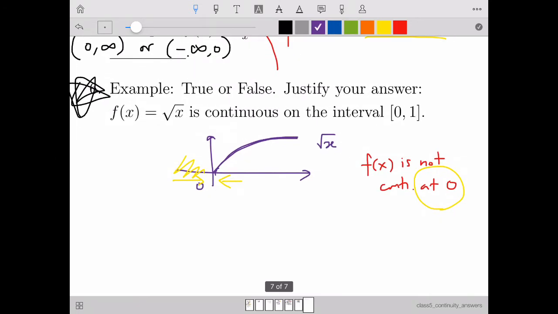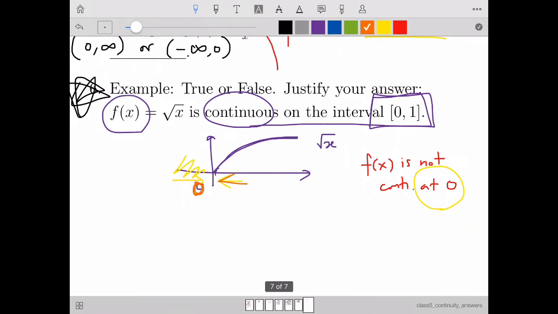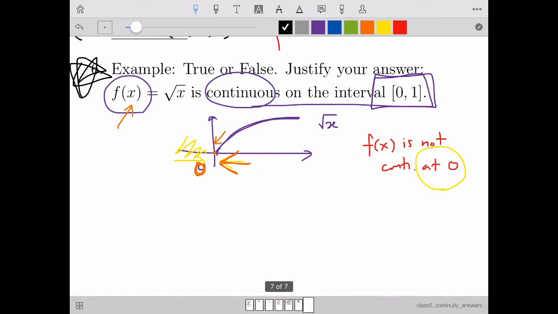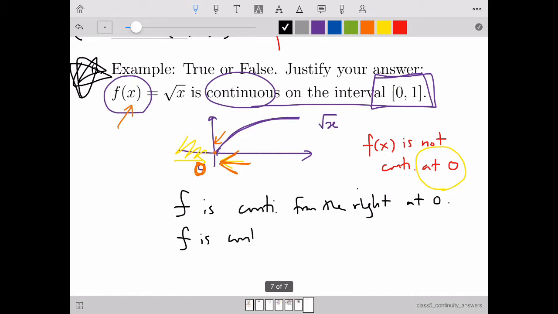But when we say f is continuous on the interval [0, 1], at 0, we only take the limit from the right, and that is equal to the function value. So f is continuous from the right at 0, and f is continuous from the left at 1.